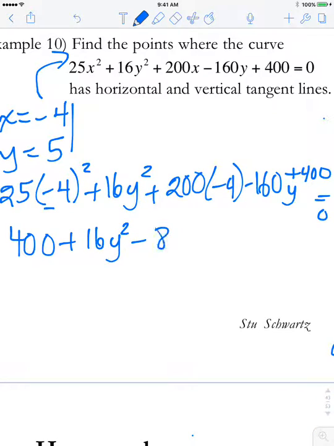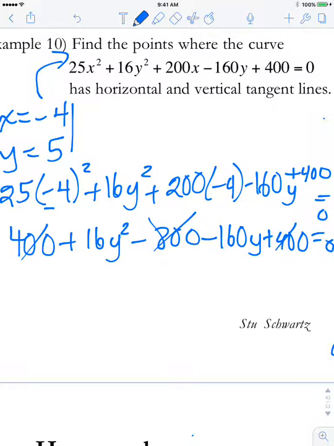This ends up being minus 800 minus 160y plus 400 equals 0. 400 and 400 is 800, and 800 minus 800 is 0. Isn't that beautiful? So now I'm left with 16y squared minus 160y equals 0.